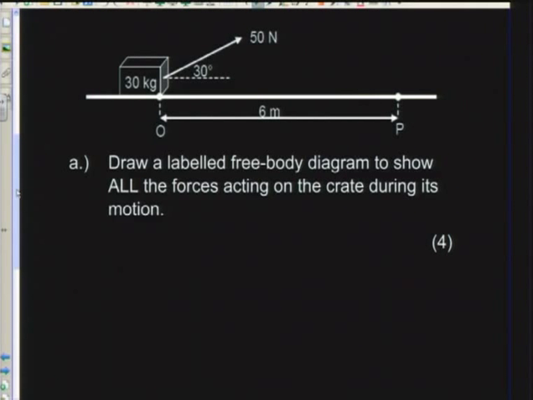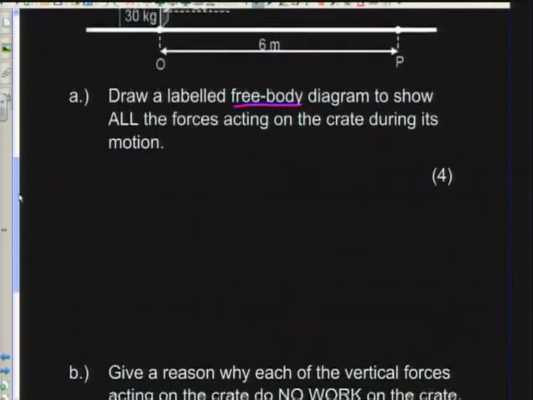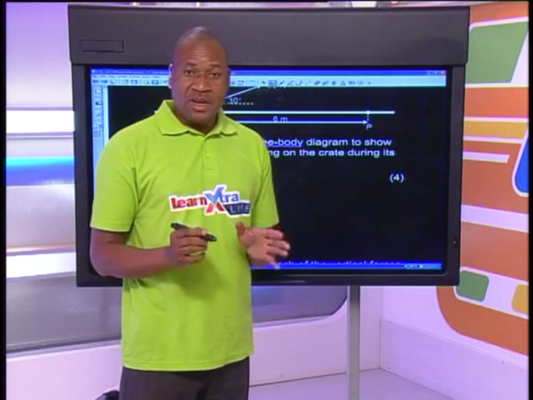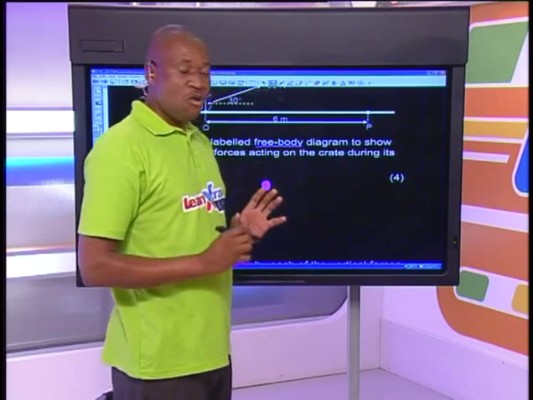The first question says, draw a labeled free body diagram to show all the forces acting on the crate during its motion. Now, when we talk of a free body diagram, you need to represent that diagram simply by a dot. So don't redraw that crate there. Just put a dot to represent your object.